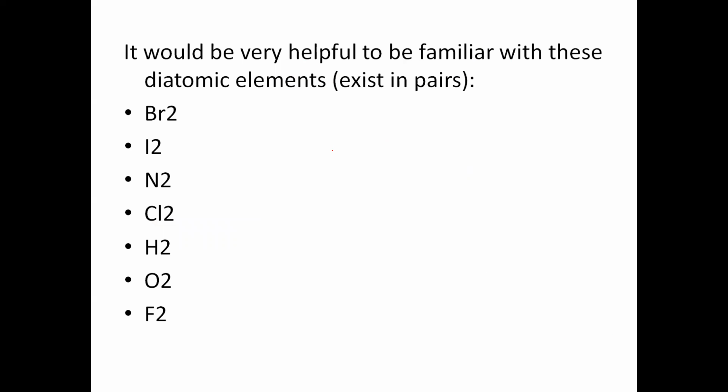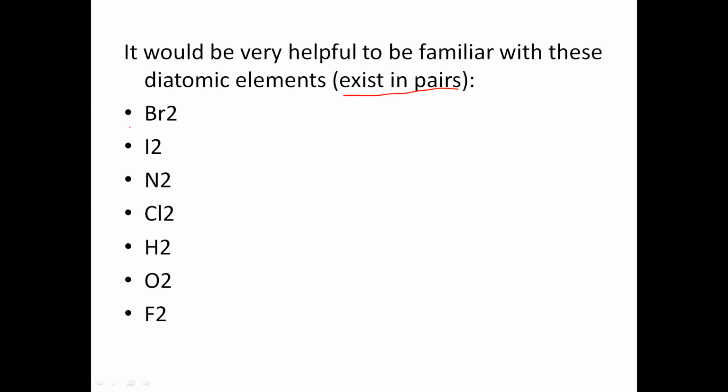Now, it would be very helpful for you to be also familiar with these diatomic elements, because when you're going to convert chemical reactions in a sentence format into a chemical equation, you need to be familiar with them, because they always exist, or naturally exist, in pairs, unless there's a special description regarding that element.